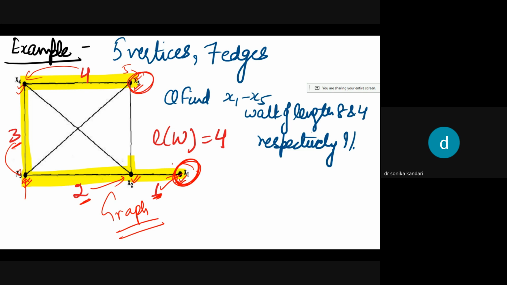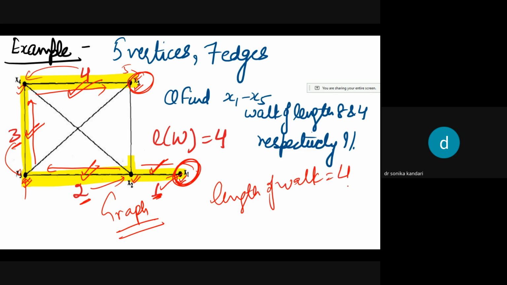You start, and how many edges have you covered? You have covered 1, 2, 3, 4. You have covered 4 edges. So what is the length of this walk? The length of the walk is 4.